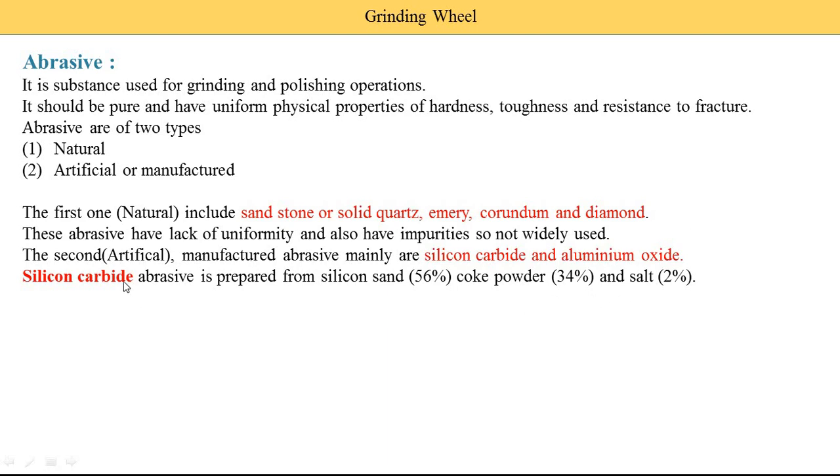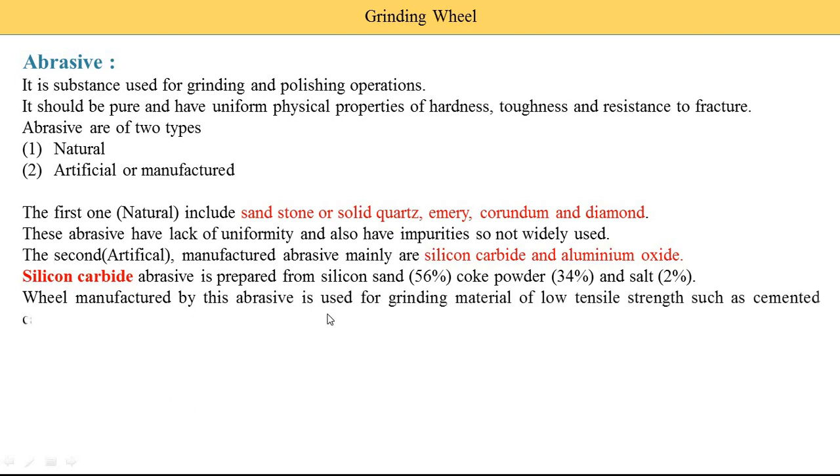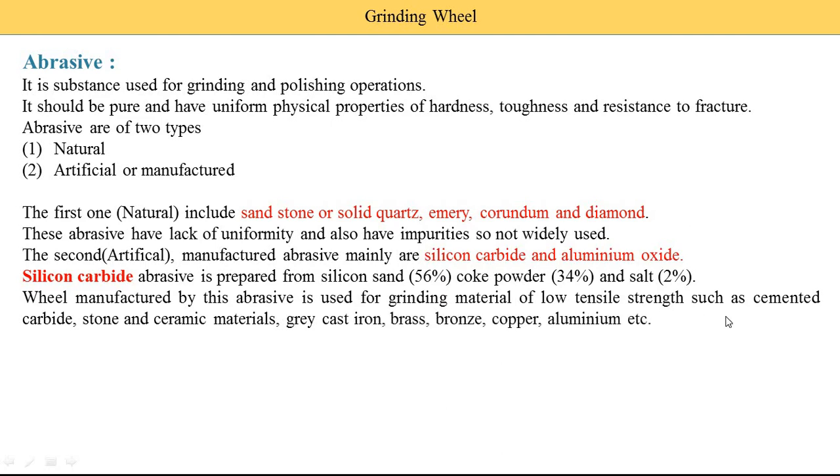So when we create a grinding wheel from silicon carbide, it contains silicon sand, coke powder and salt. Wheels made from this abrasive are used for grinding materials of low tensile strength such as cemented carbide, stone and ceramic materials, grey cast iron, brass, bronze, copper and aluminium.